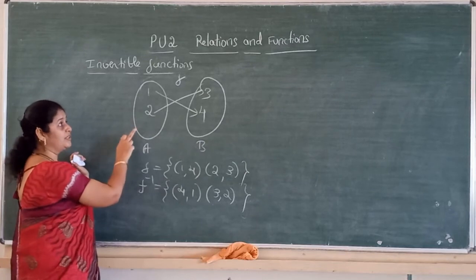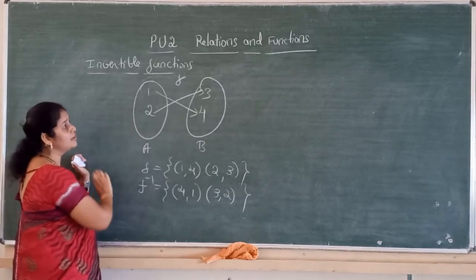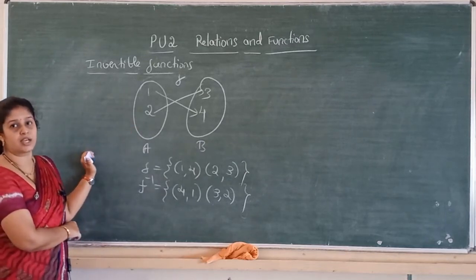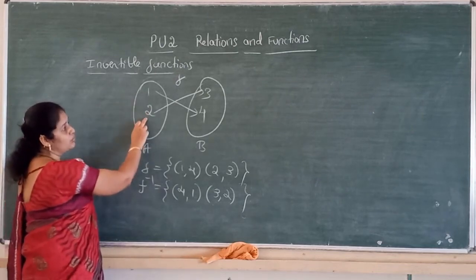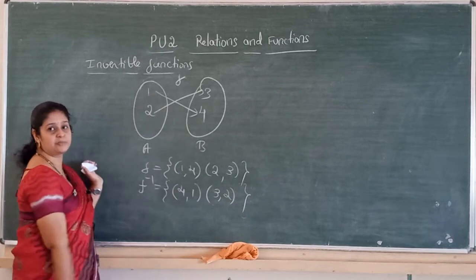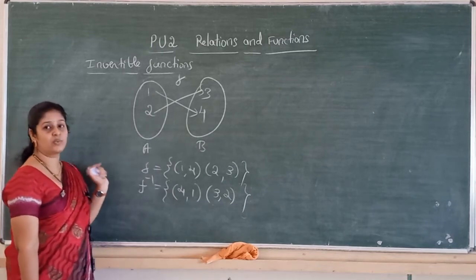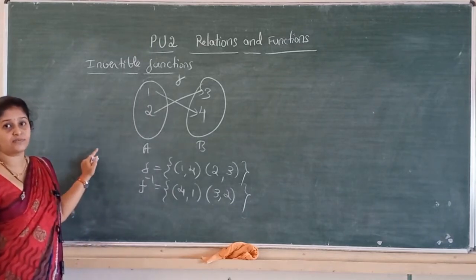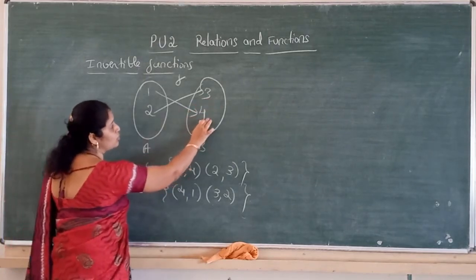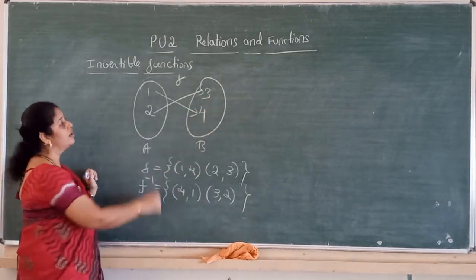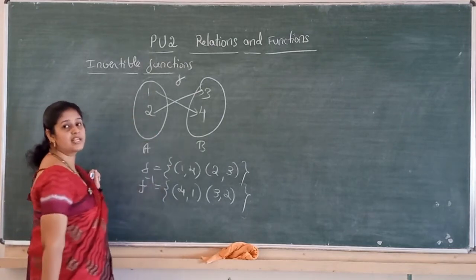The function is 1-1, correct? The function is 1-1 because the images of 1 and 2 are 4 and 3 respectively. And also you can see the function is onto, that means 3 and 4 are images of 2 and 1 respectively.